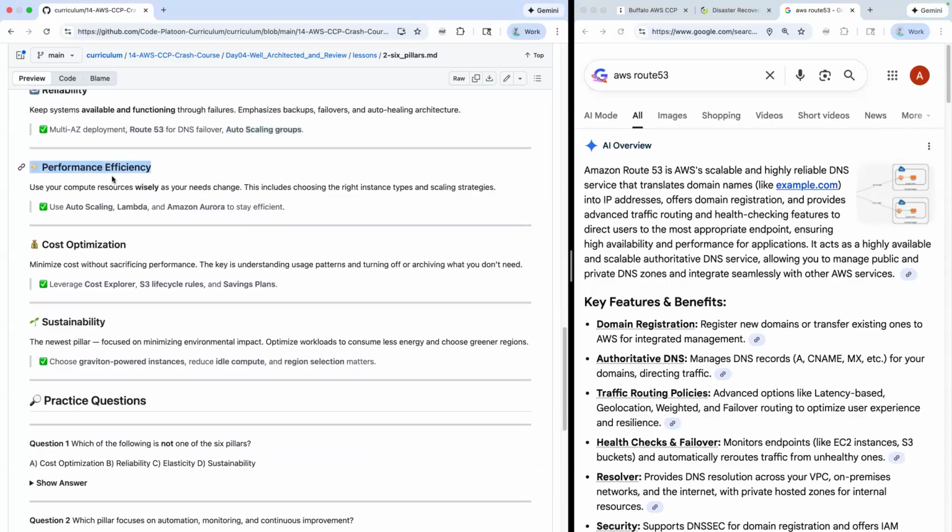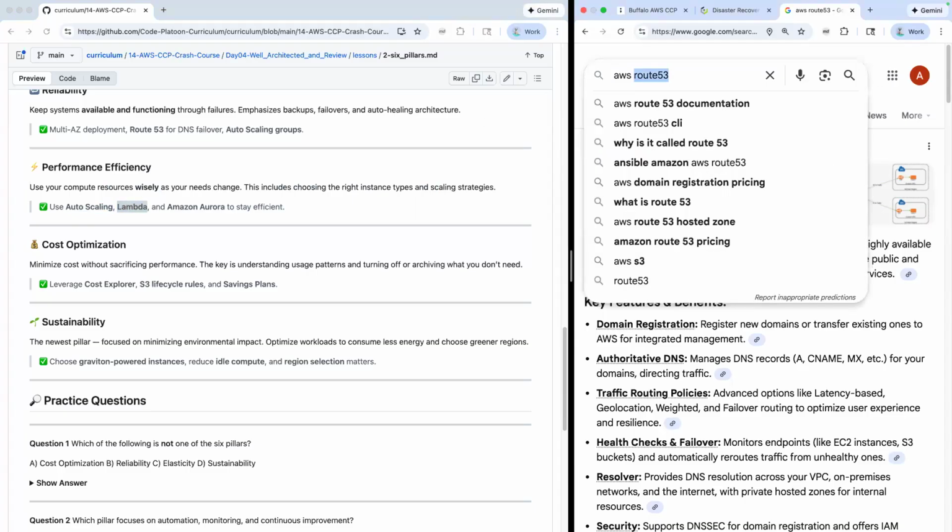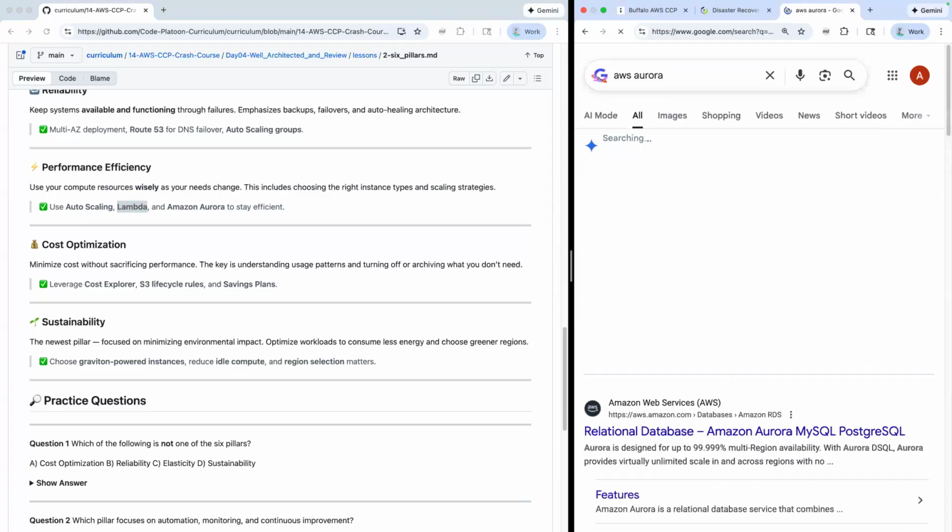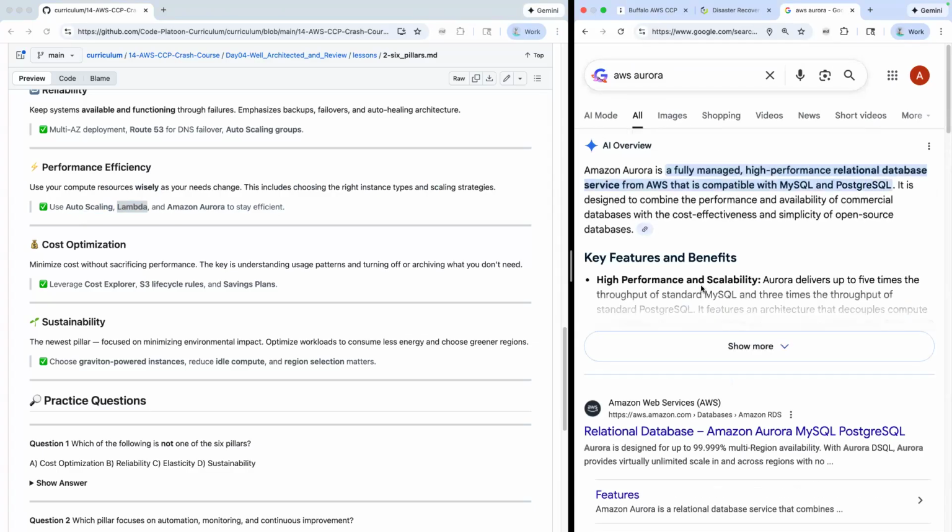Next, we've got performance efficiency, using compute resources wisely, choosing the right instance type, and scaling. So again, some of these services show up for multiple pillars, like auto scaling groups and Lambdas, because serverless functions can help us be efficient. And we have a new service here with a cool name, Aurora, that we haven't seen before. And Aurora is, in fact, Amazon's own relational database. It's compatible with MySQL and Postgres, but it's not MySQL or Postgres.